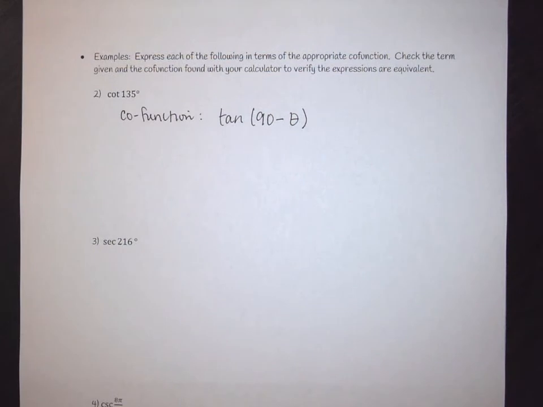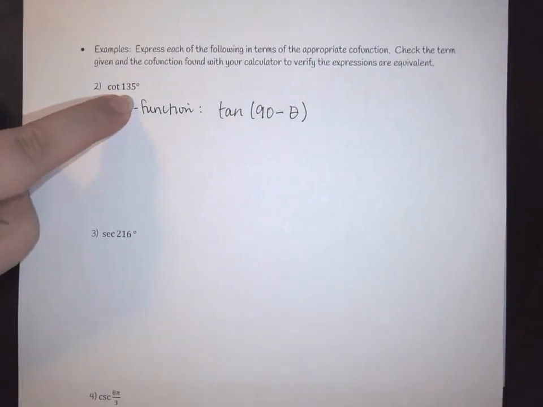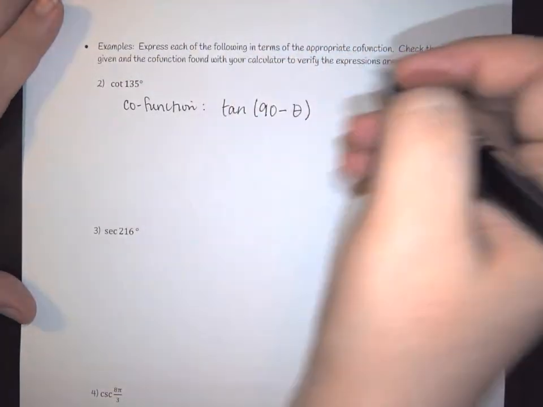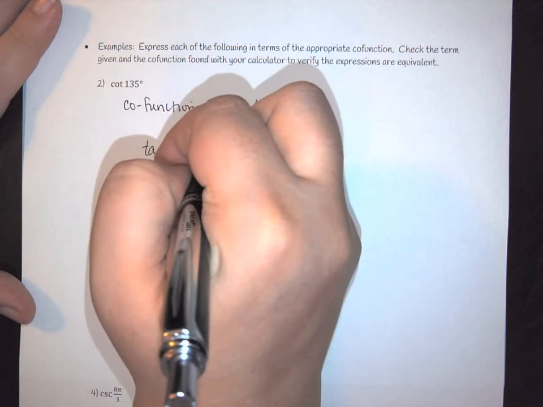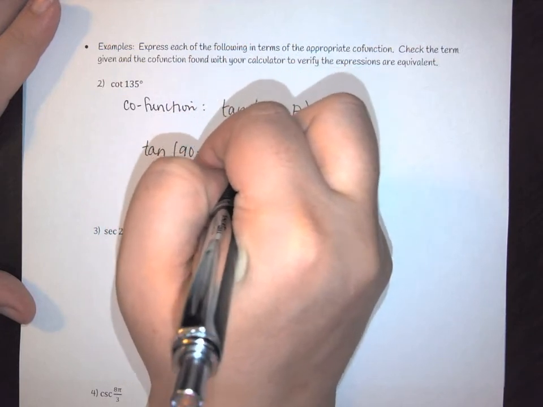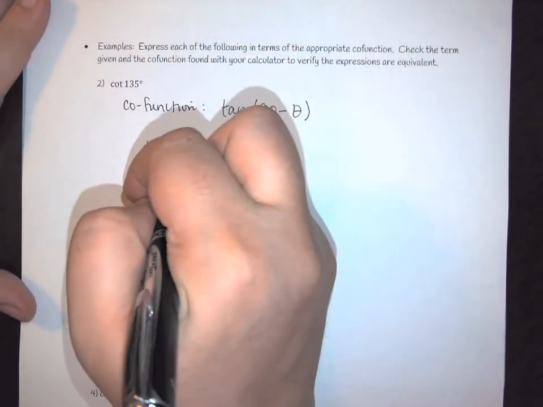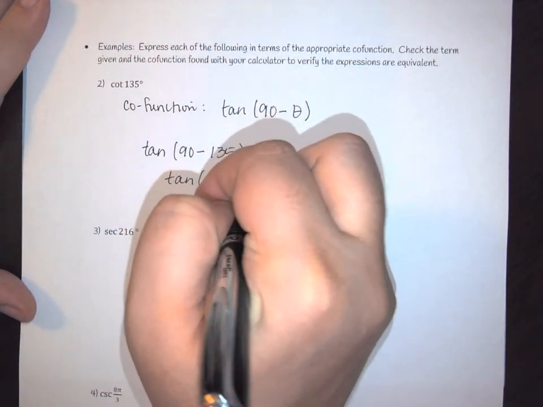What makes it kind of interesting is the fact that this is 135, so some of these are going to end up being negative values. In this case, we would do the tangent of 90 minus 135. When you actually do that, you're going to come out with tangent of negative 45 degrees.